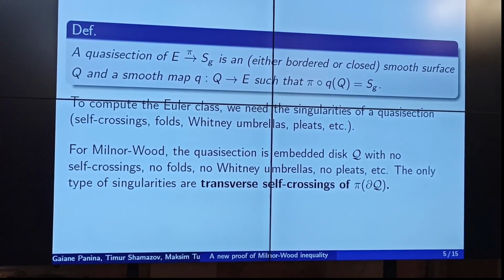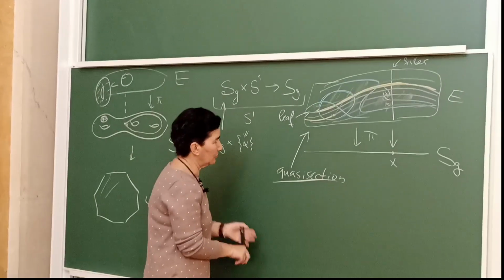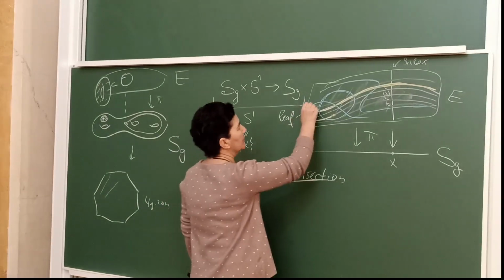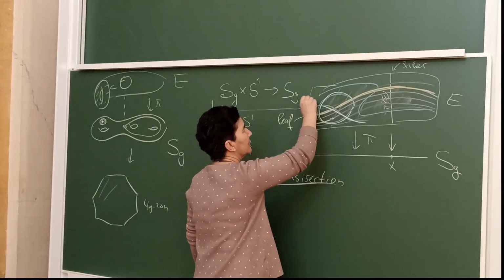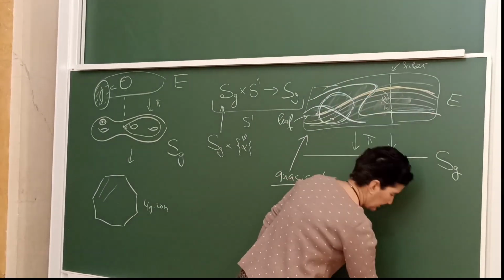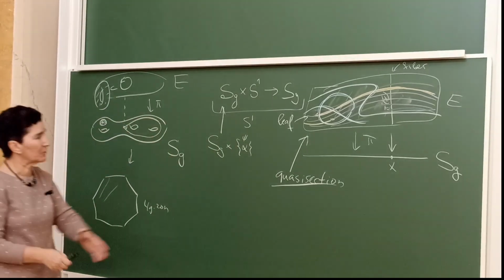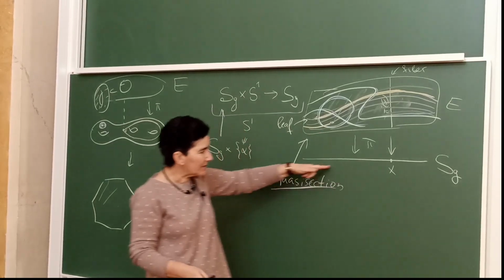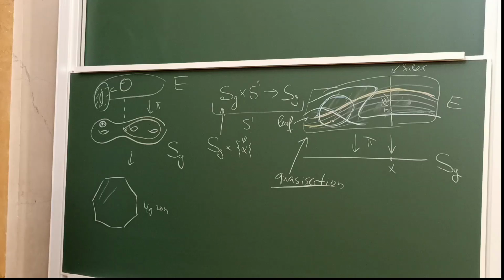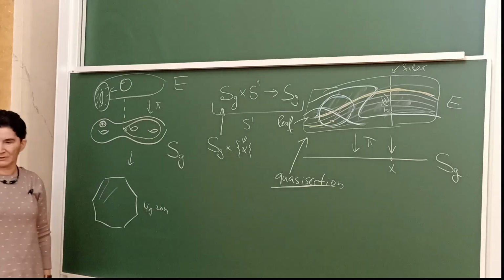The only thing we have to worry about is the projection. I'm afraid that blue is not visible, let me make it white. So this white thing is a quasi-section, just any. The only thing we have to worry about is that the projection of this white thing coincides with the entire base, because otherwise, if at least one point is missing in the projection, then we lose completely the information about the fiber bundle.